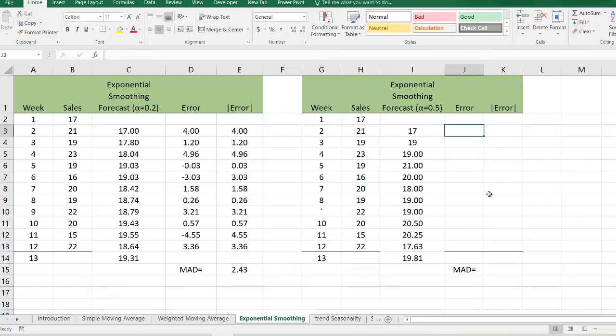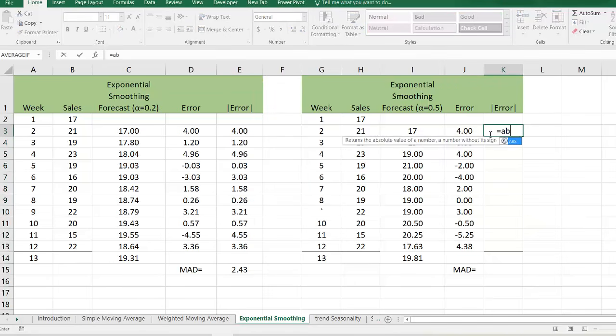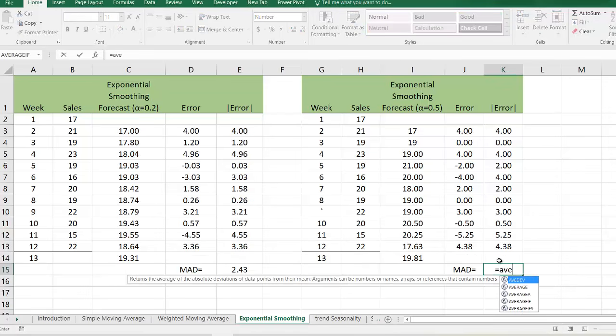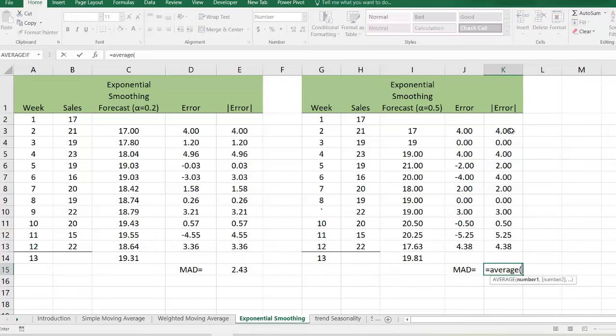Doing the same for alpha equal to 0.5, the MAD is 2.65.